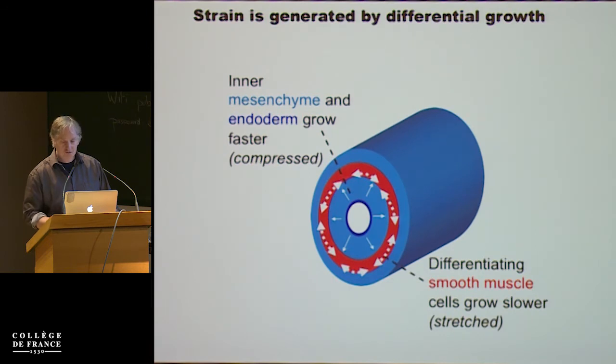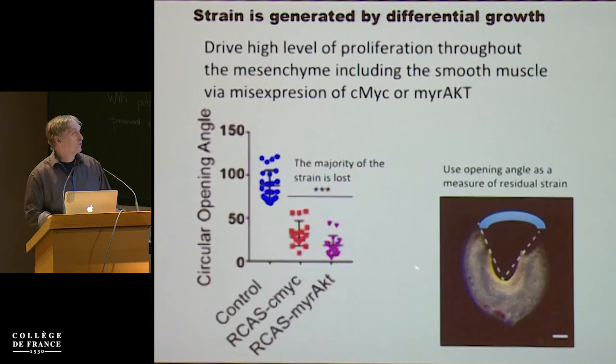But if you make the tissue grow at the same rate, you should be able to get rid of that stretch. One way of measuring the stretch is by residual strain. If you cut the tube, make a slit on the side, it'll pop open to relieve the strain, right? And the degree to which it pops open is a measure of how much strain there was.